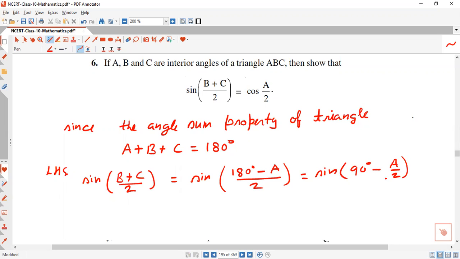Since no angle in a triangle can be more than 180 degrees, always less than 180 degrees, A by 2 is an acute angle. So sine of 90 degrees minus A by 2 can be written as cos A by 2. So proved.